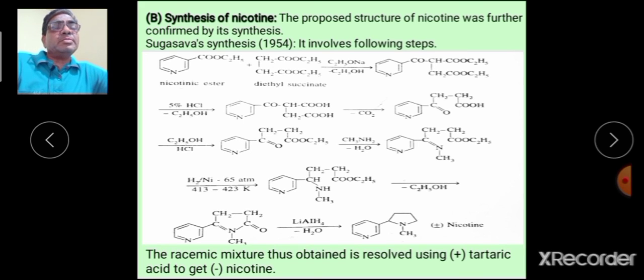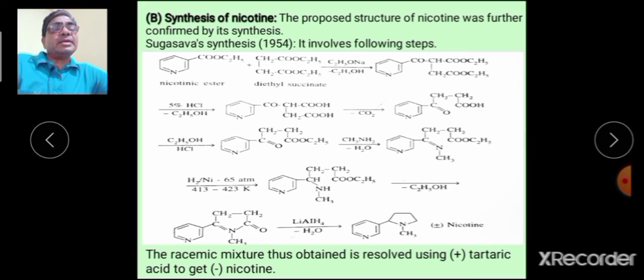This is treated with methylamine, forming the compound with elimination of a water molecule. Now this compound is reduced in the presence of hydrogen and nickel powder at a temperature of 413 to 423 Kelvin.